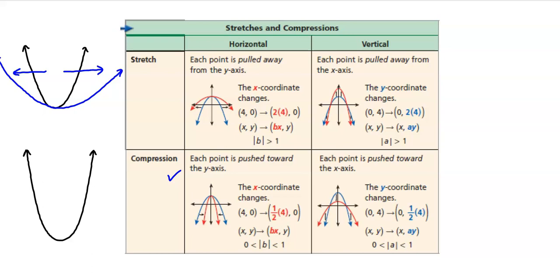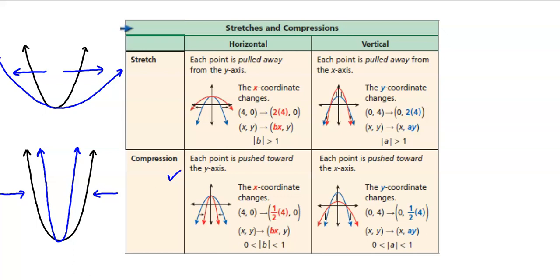I'm going to press this thing in towards the y-axis, which is actually going to make it more narrow. It's going to smash it in there and make it a little bit skinnier. I kind of think of this as fat and skinny. So my parabola got fatter, that way my parabola got skinnier.